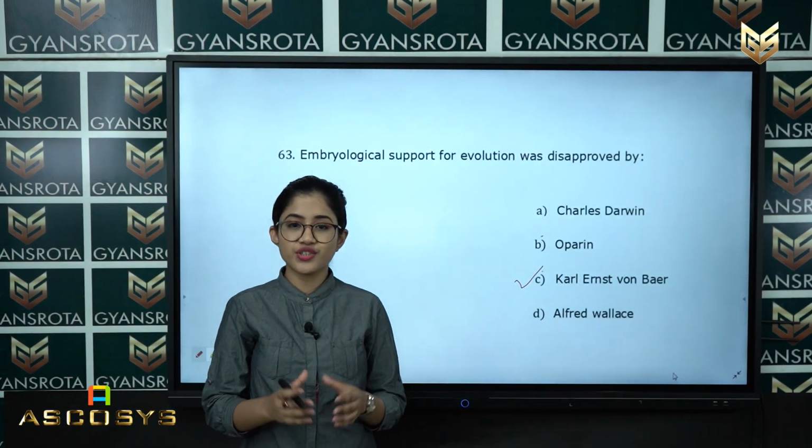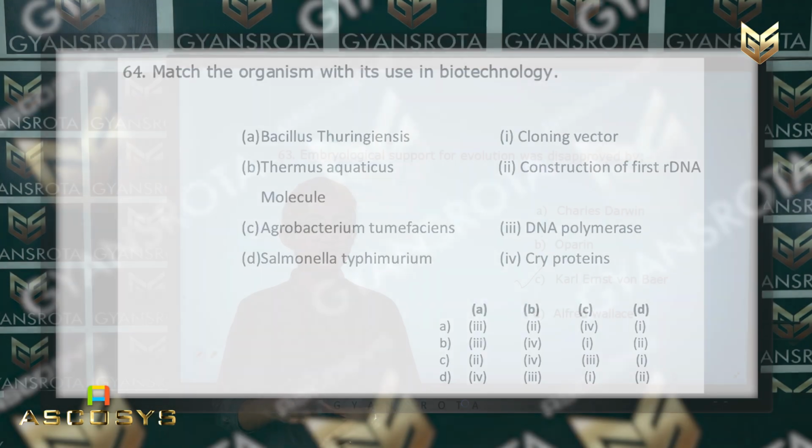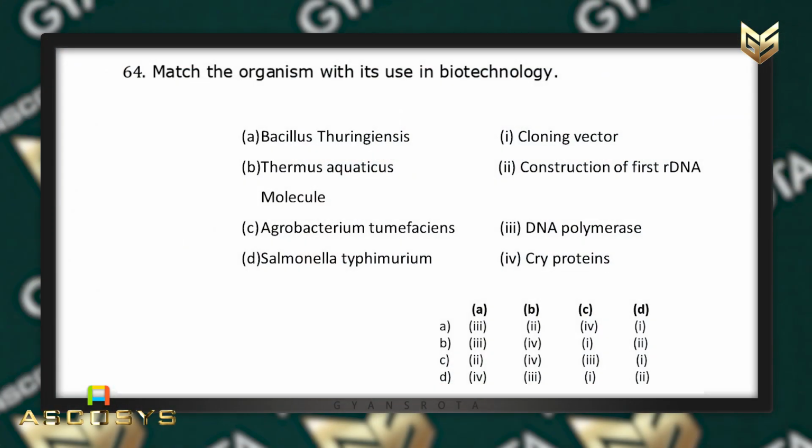Now, let us move on to the next question, that is question number 64. Match the organism with its use in biotechnology. In column number 1, it is written Bacillus thuringiensis, Thermus aquaticus, next Agrobacterium tumefaciens and Salmonella typhimurium.